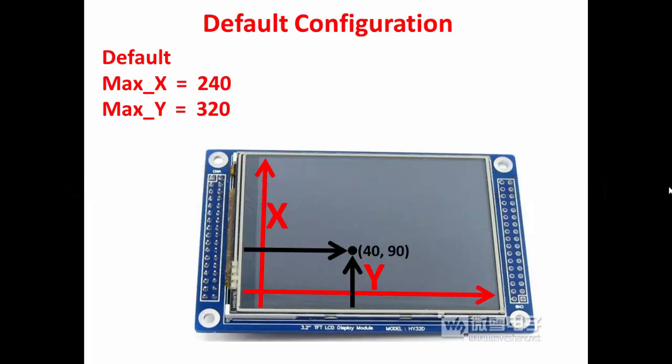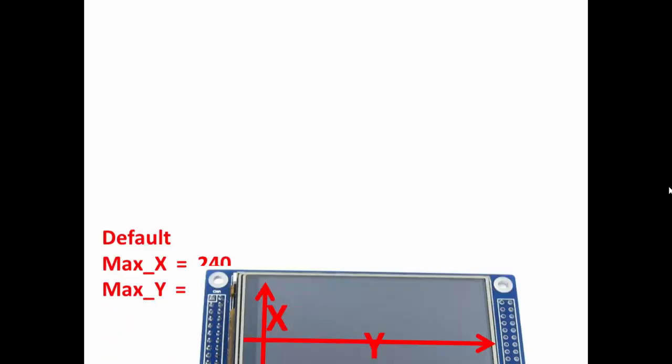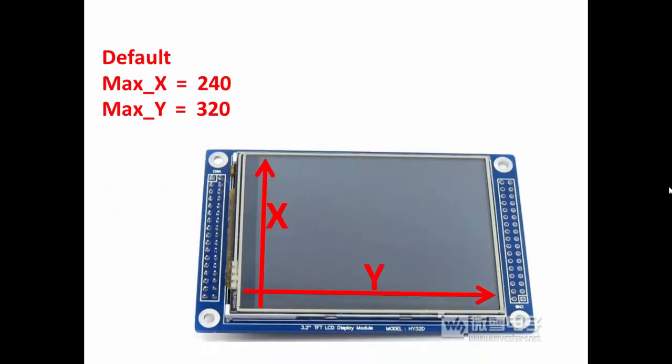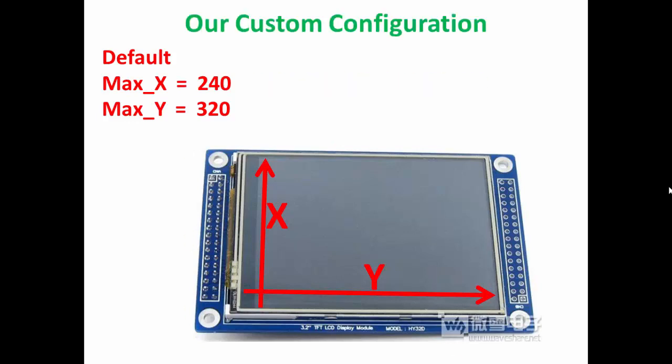Now you can see that by default the LCD works in portrait mode. But we want to display in landscape mode. Let me show you what we wanted to achieve. Now this is default configuration. Now our custom configuration will be. So you can see that X and Y axis got changed.